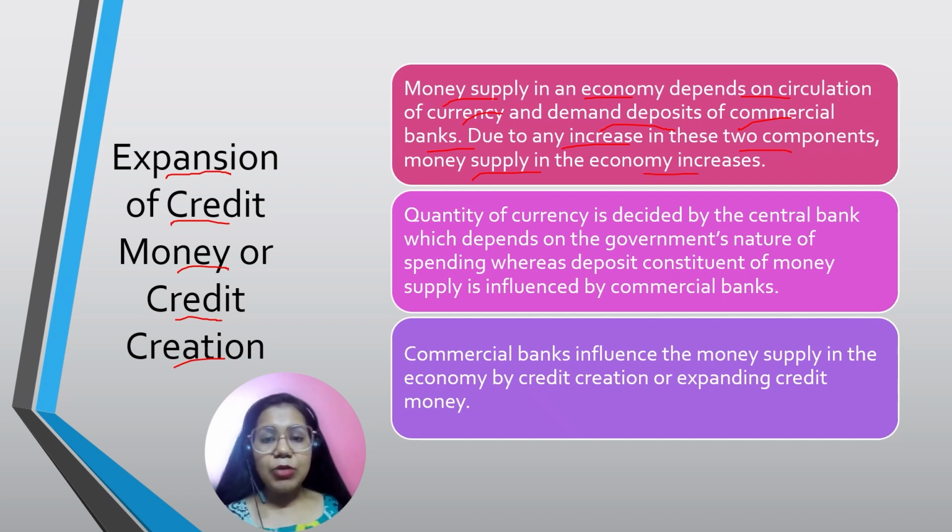Now the quantity of currency is decided by the central bank, which depends on the government's nature of spending, whereas the deposit constituent of money supply is influenced by the commercial banks. How do they do that? Commercial banks influence the money supply in the economy by credit creation or expanding the credit money.